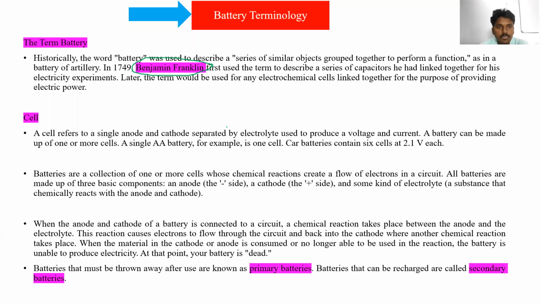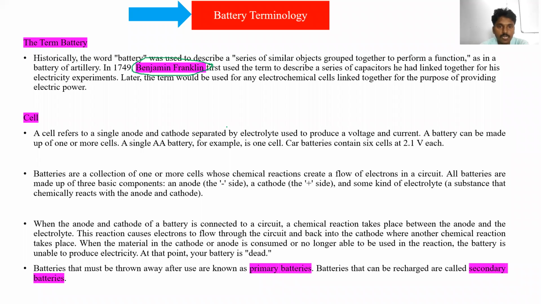Here the cell is nothing but it has two electrodes: one is the anode and the second one is the cathode.